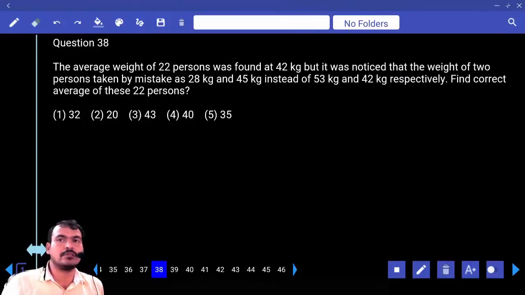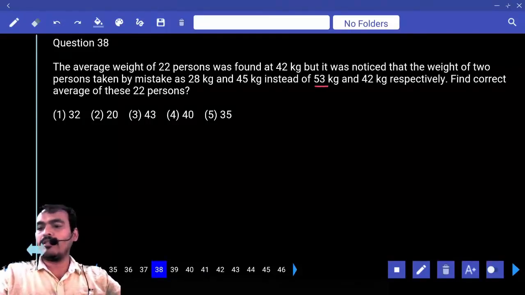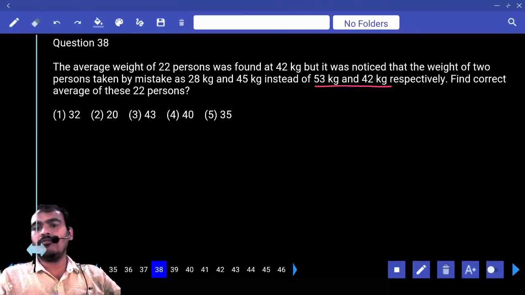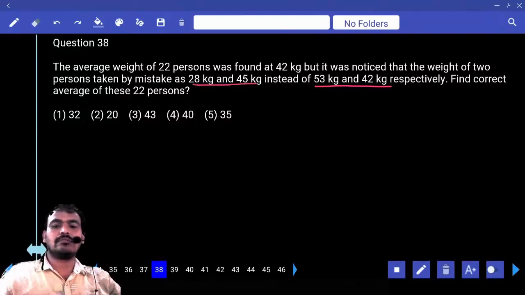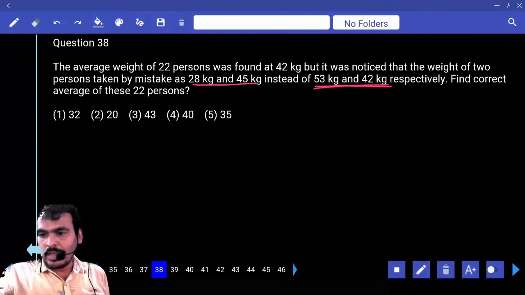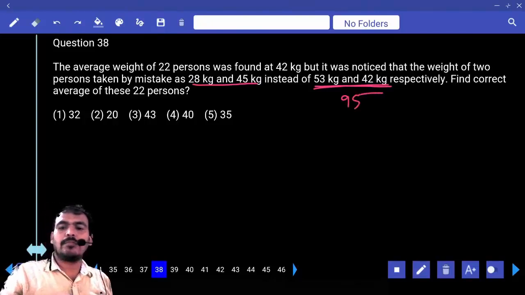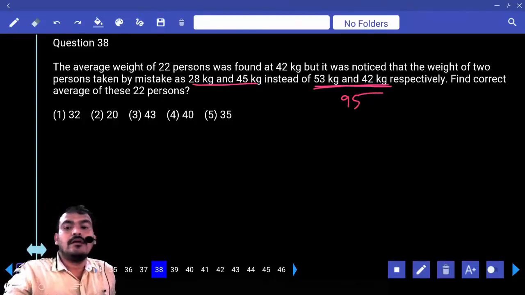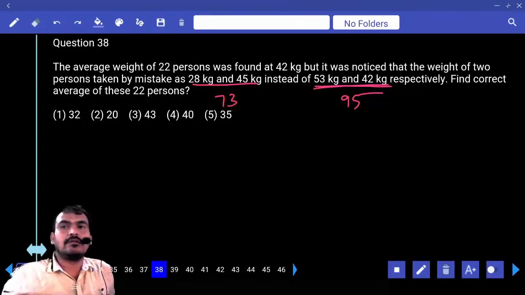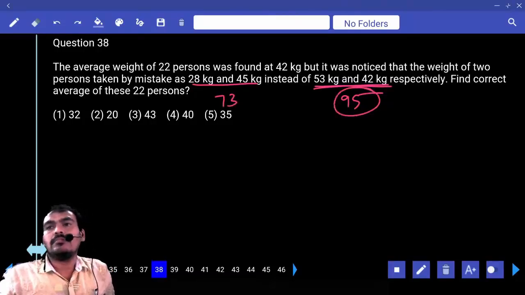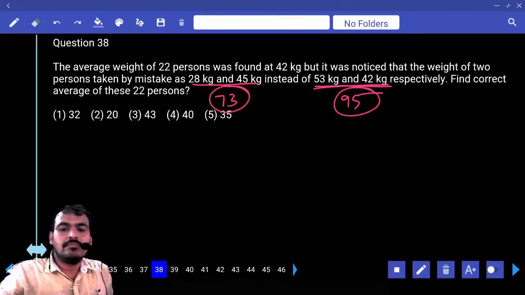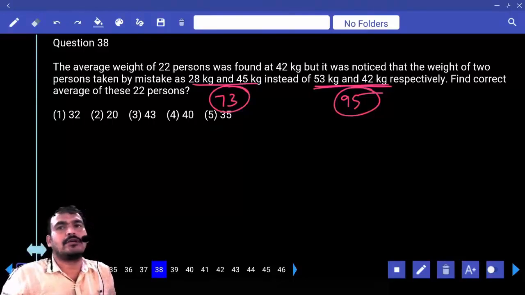The original values are 53 and 42, sum 95. The taken values are 28 and 45, sum 73. The sum taken is 22 less than it should be, so we are adding 22.